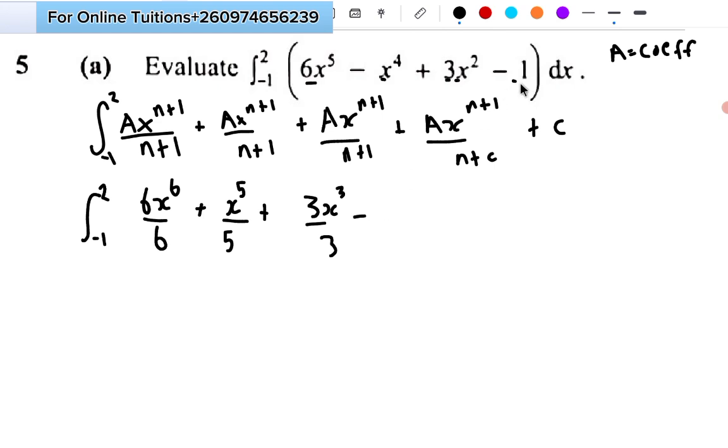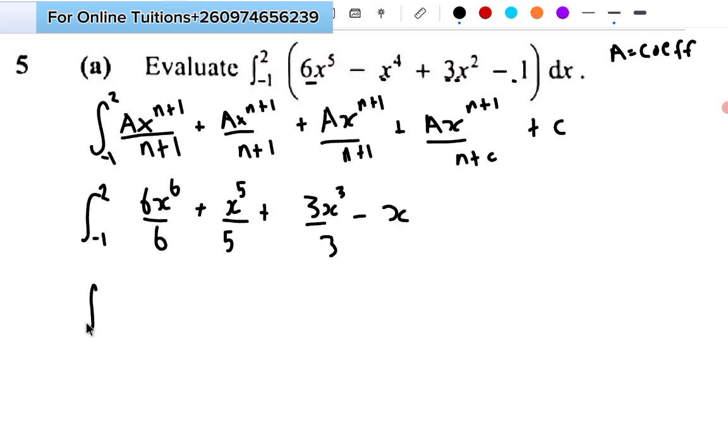Minus. Now for this one, such a number is called a constant. When you apply this formula on a constant, there is no x here, so this will just give you x. Any constant, whether it is 100, you integrate it to just give you the letter x.